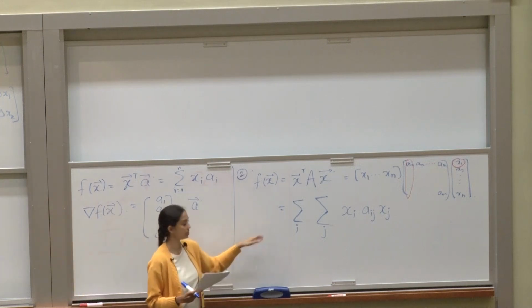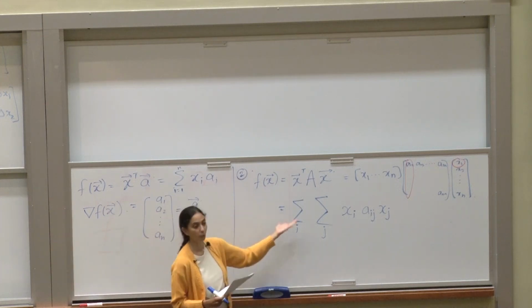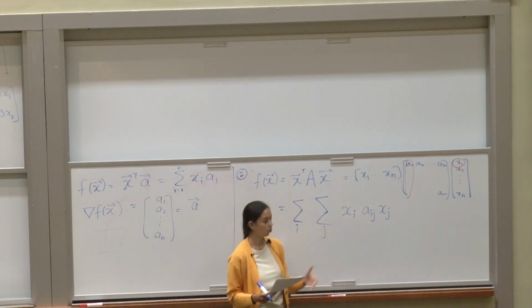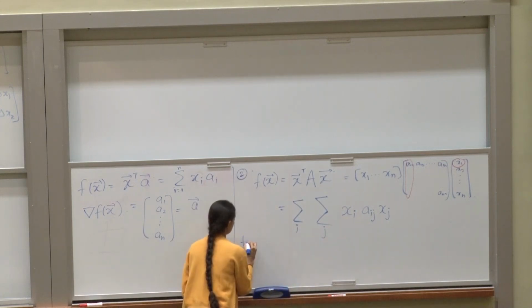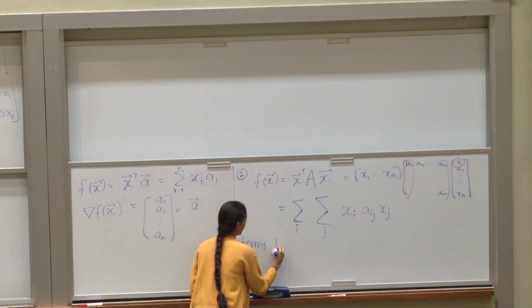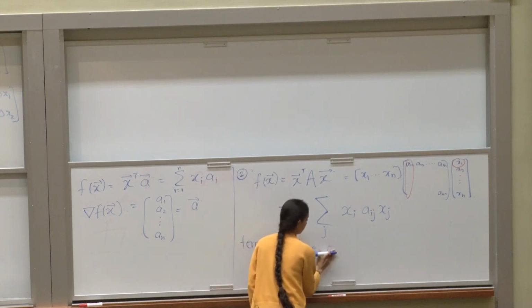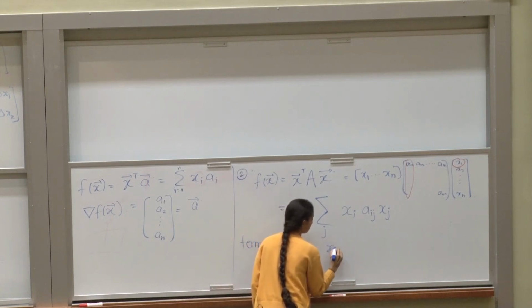So now, what are the terms? I can basically isolate what the terms are, right? So what are the terms that have xi in them?